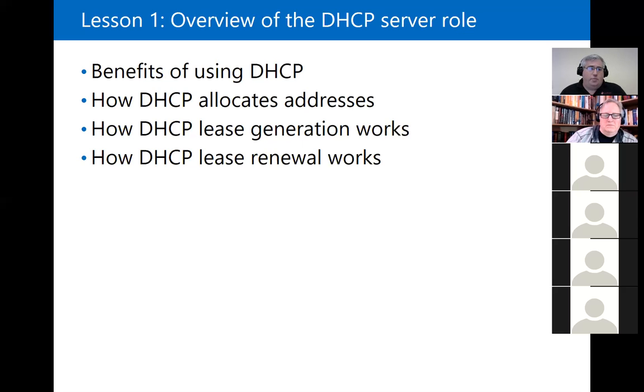Okay, so back to DHCP. In order to hand out those addresses, you have to do what's called a lease. And the reason why you have a lease is so that the allocation can expire. That way, the client, if it's a laptop or a phone or something like that, can move out of the network, and then that address can be used again for somebody else.